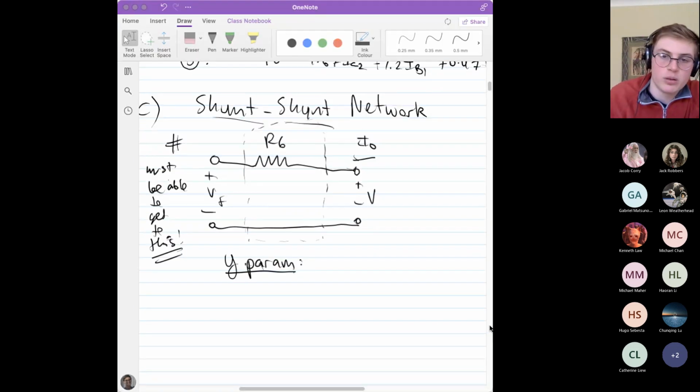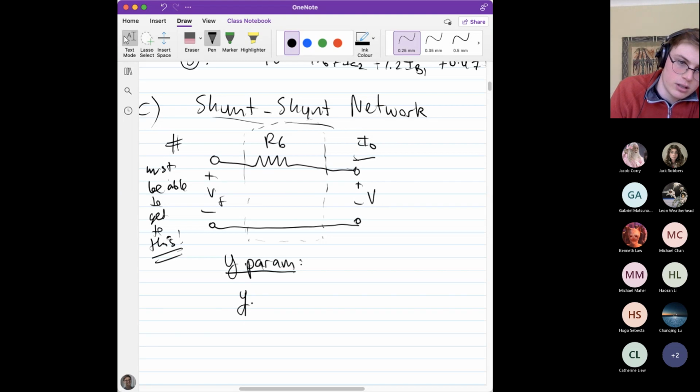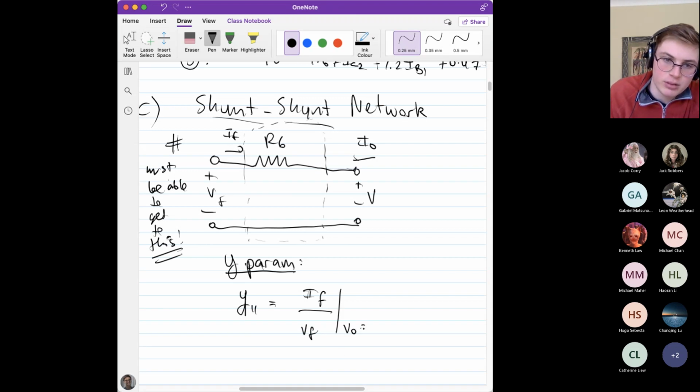So if we want Y11, it is equal to I feedback, which is our feedback current coming in, divided by V feedback. It's just this current on this voltage, evaluated when our output voltage, VO, is 0.